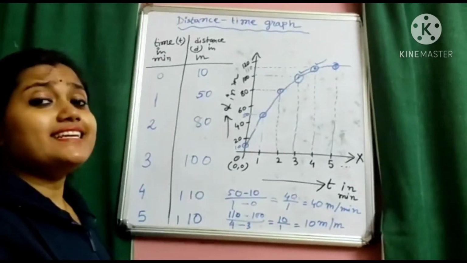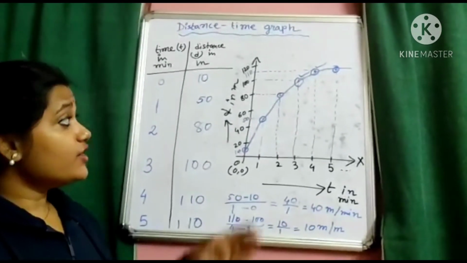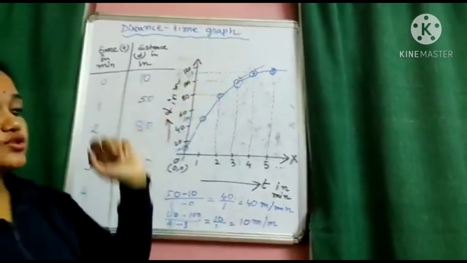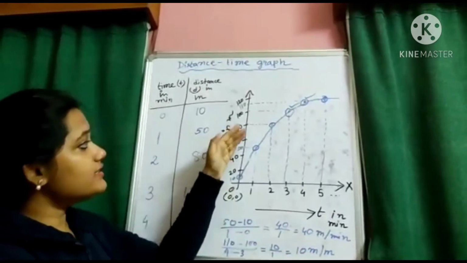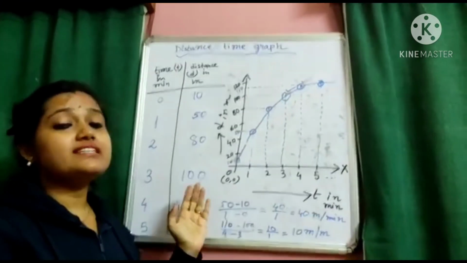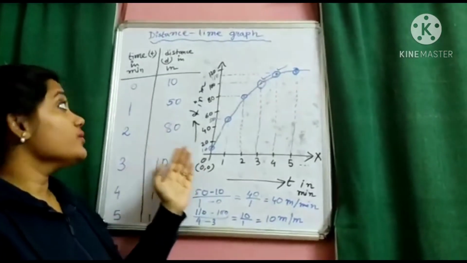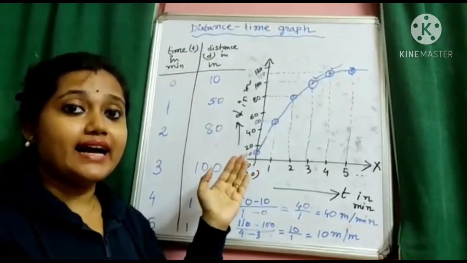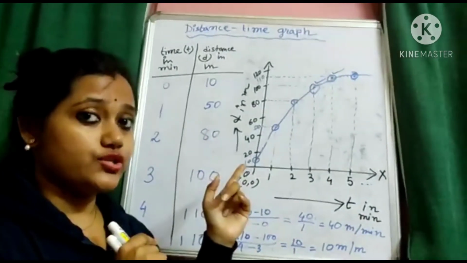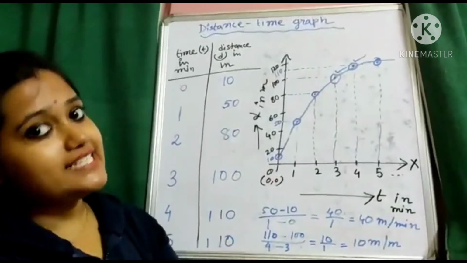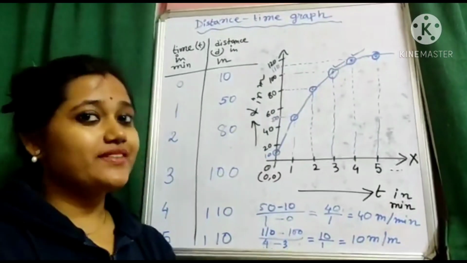That is, speed is decreasing. So the slope of the graph is telling us that this is a d-t graph showing non-uniform motion, and here the speed is decreasing. Okay, thank you.